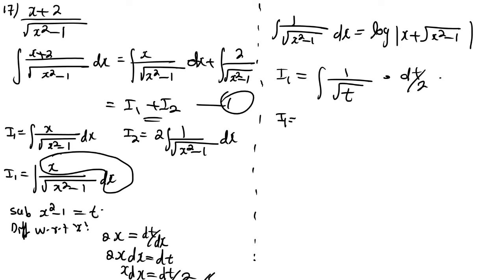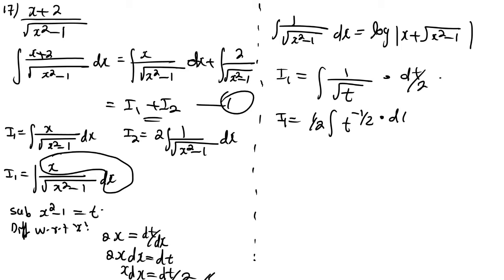So I1 value is equal to, keeping 1 by 2 outside, integration of root t means t to the power minus 1 by 2.